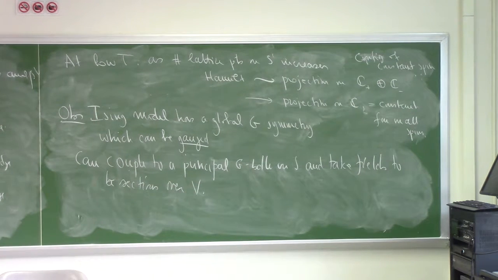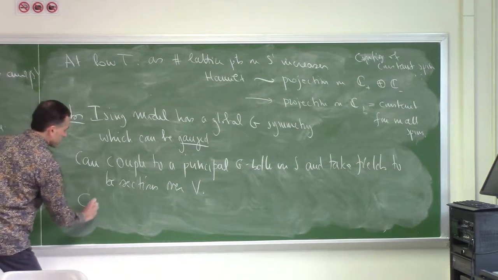And once you say that, you notice that in fact you don't even need a principal bundle to be defined on the whole surface. You just need it to be defined on the one skeleton of the lattice. You can allow ramification in the centers of faces. That's going to be important.